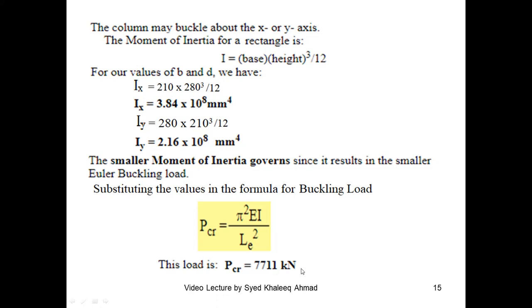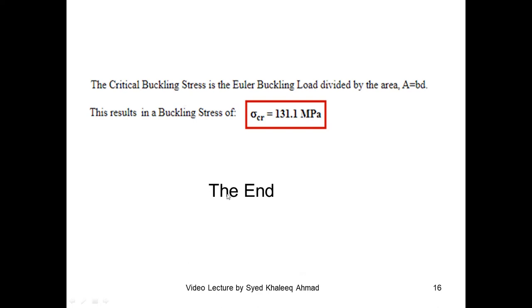And now to find the critical stress, we can simply divide the critical load by the area of cross section. In this case, the area of cross section is B into D. If it is a different shape, if it is built up, if it is circular or any other shape, you have to find the area of cross section for that column.